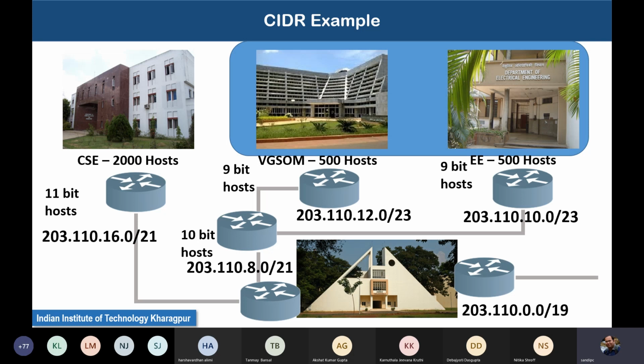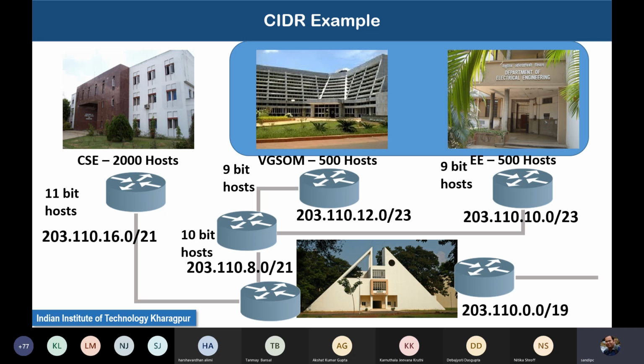If I divide VGSUM into 2 of 500, I have 2 subnets, and E becomes 2 of 500, that means 2 plus 2, 4 subnets. CSE is 2000; if I divide it into 4, that means 8 subnets of 500 each. 8 subnets means I need at least 4 bits. In that case, it is possible.